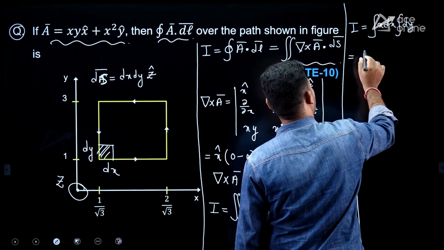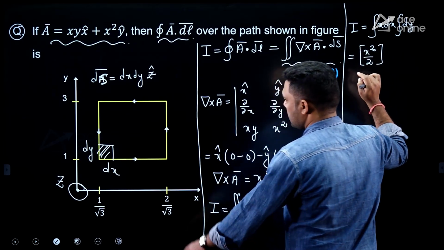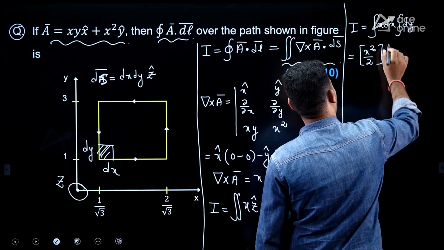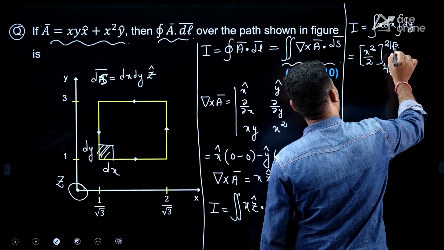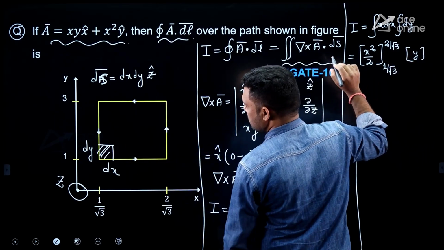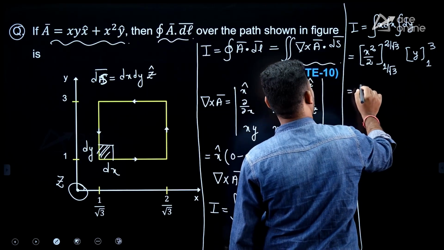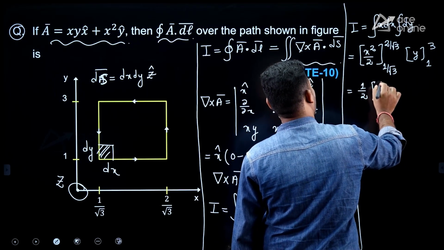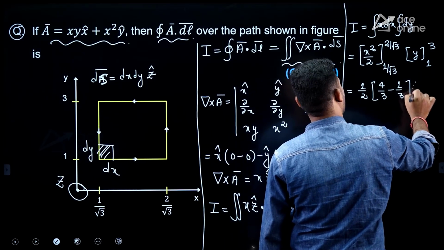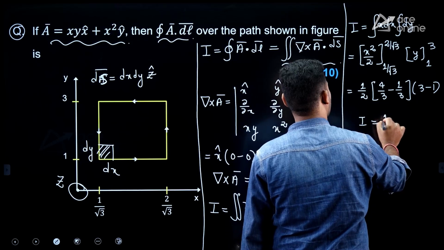So this is x square by 2, with x limits from 1 over root 3 to 2 over root 3, and y from 1 to 3. So 4 by 3 minus 1 by 3, times 3 minus 1. So integral I, check out, is equal to 1.